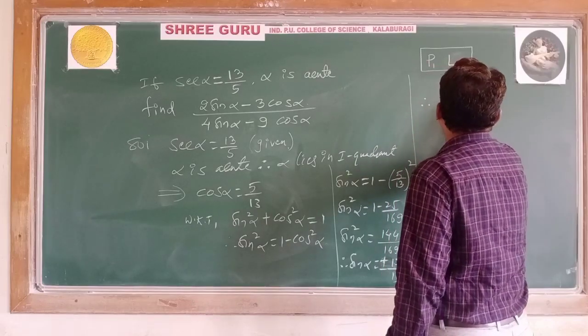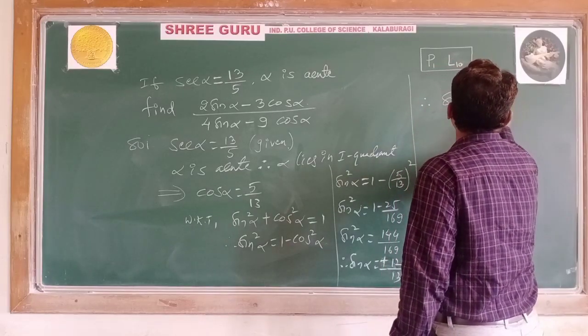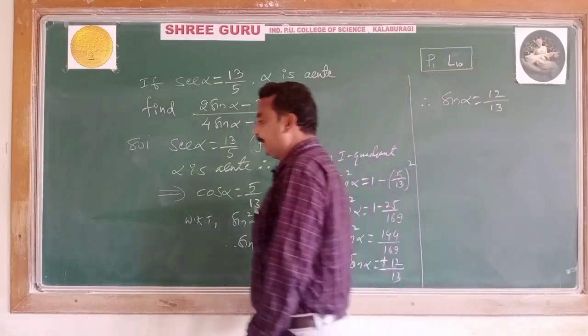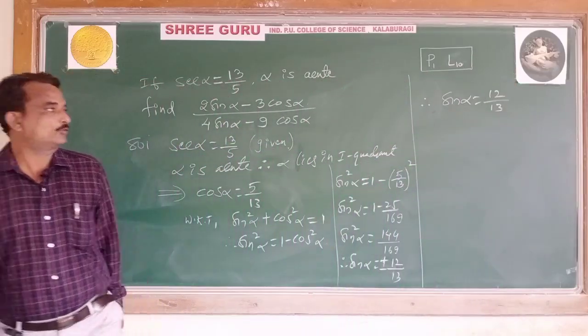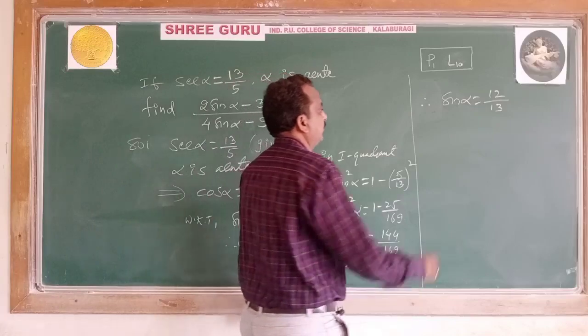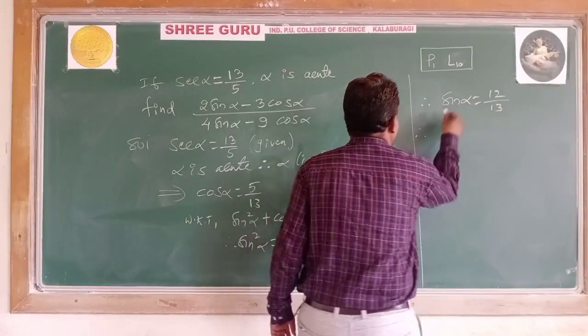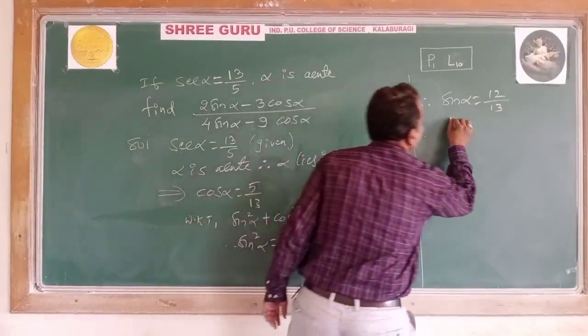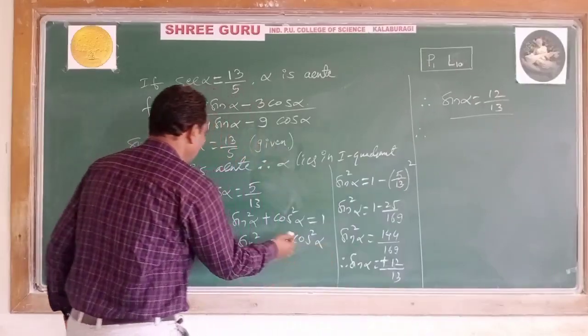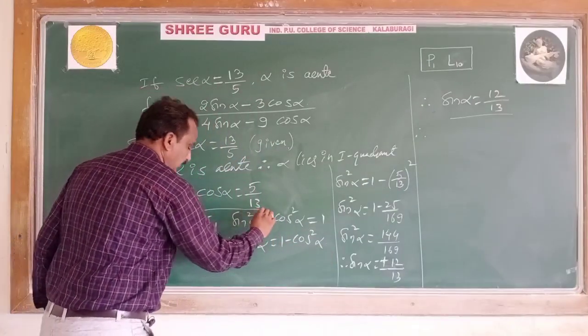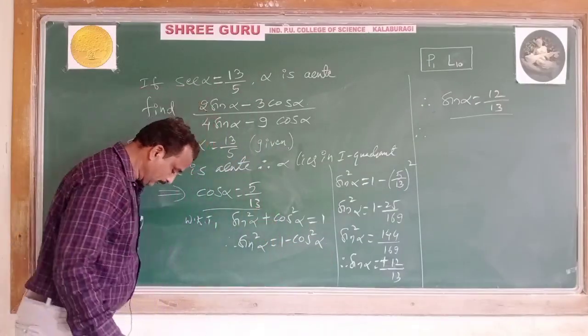Neglecting the negative value and considering the positive value, it is 12 by 13. So you get sin alpha and cos alpha, students.